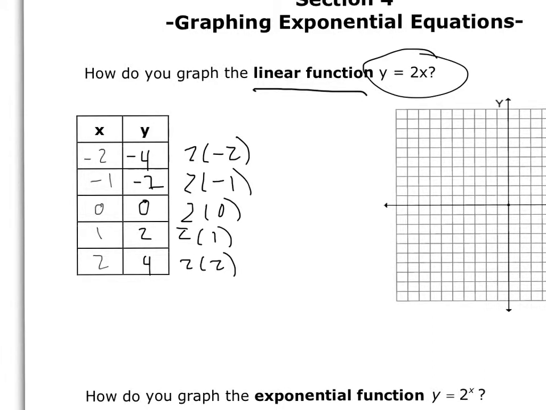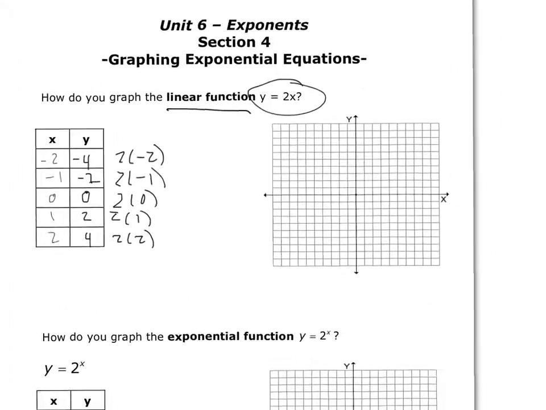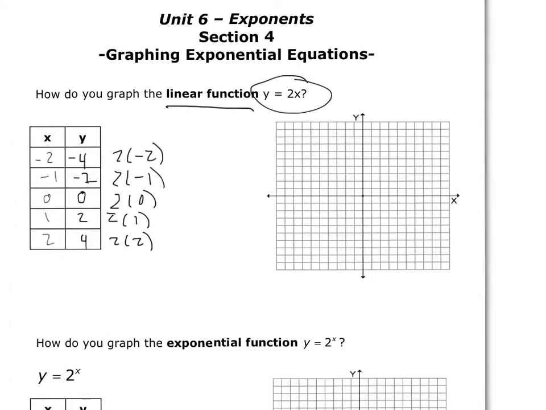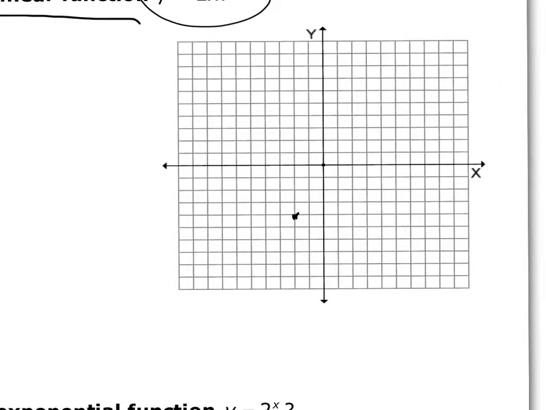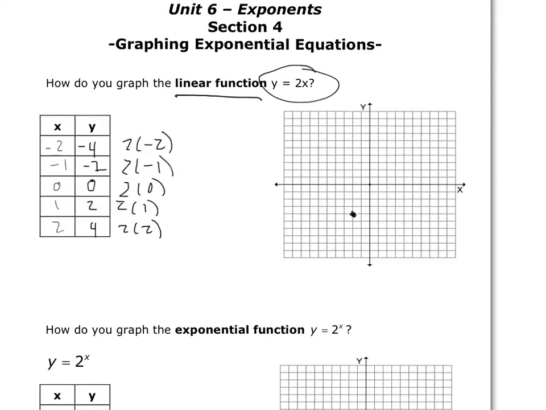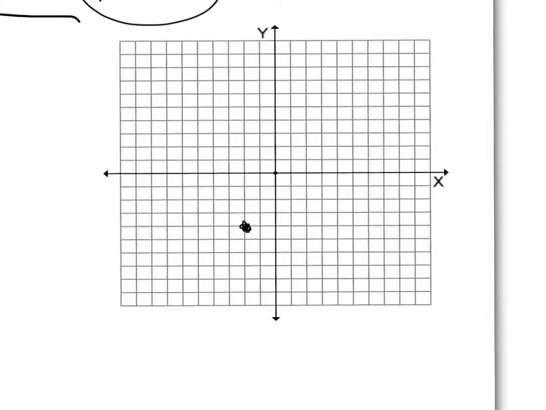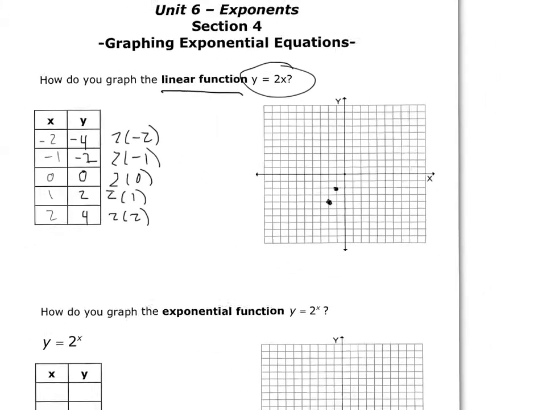And then, of course, we can go ahead and graph those. Okay, so if we look at our first ordered pair, remembering that in your ordered pairs, x goes first, y goes second. So we have -2, -4. Graph your point. Let's make this a little bit bigger. -2, -4. Okay, then we have -1, -2. And a couple more here.